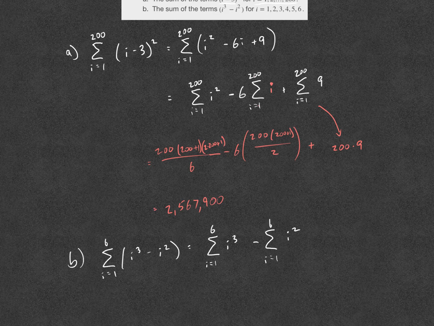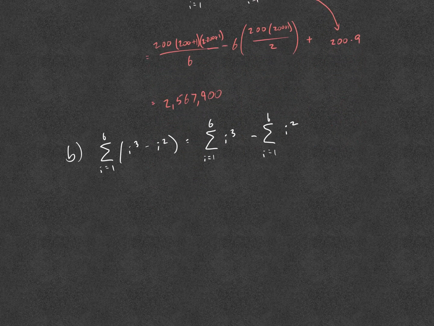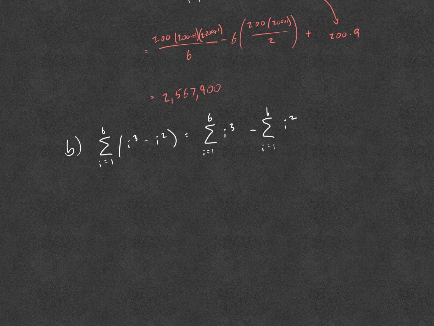Now here's one where it might be easier to just expand out: plug in 1, plug in 2, plug in 3, 4, 5, 6, and you can check to see if the formula works, and it does. That way, you don't have to take my word for it.